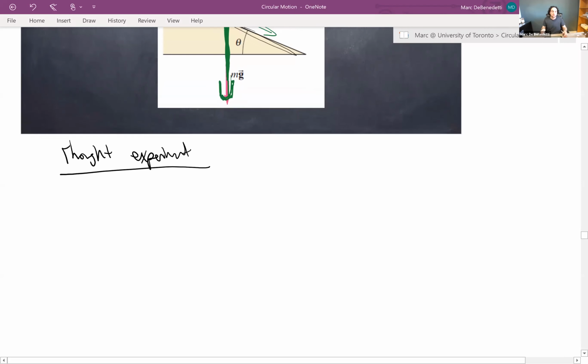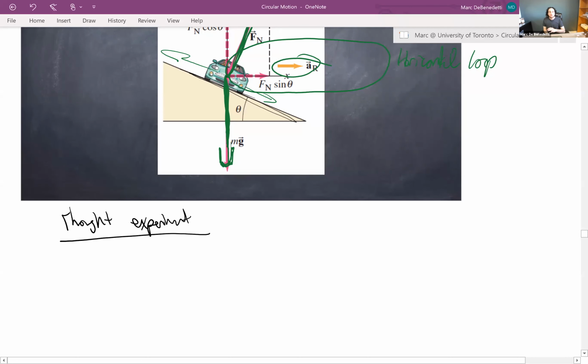So with some thought experiments, if we're traveling too slow on this banked curve, let's take the extreme. Not only am I traveling too slow, let's say I'm traveling at like 1 centimeter a second, something ridiculously slow. If I'm traveling forward on this bank at 1 centimeter a second, you can picture yourself even walking on a hill.